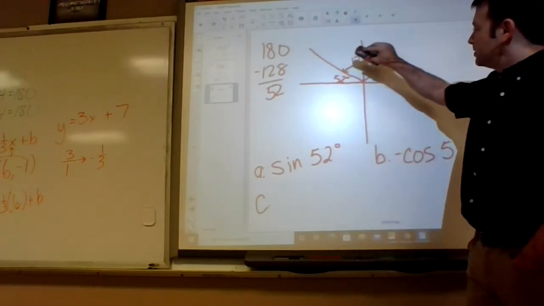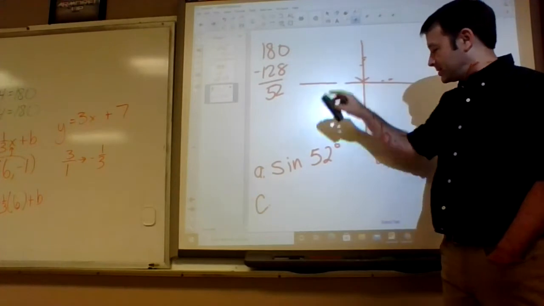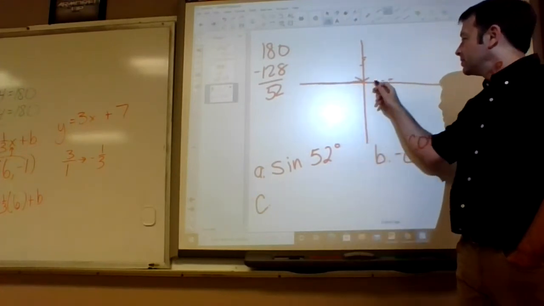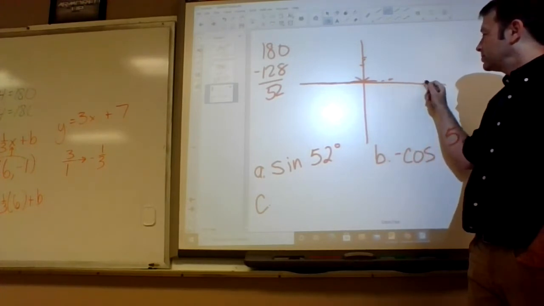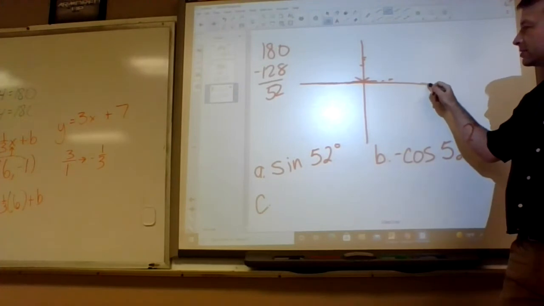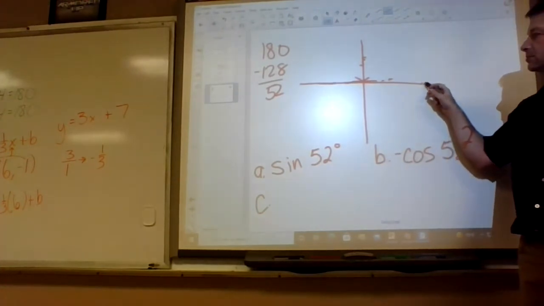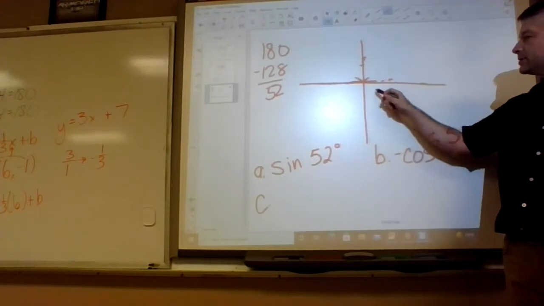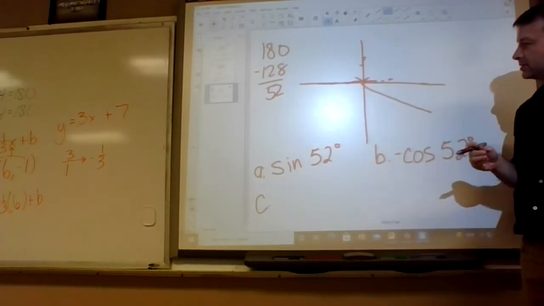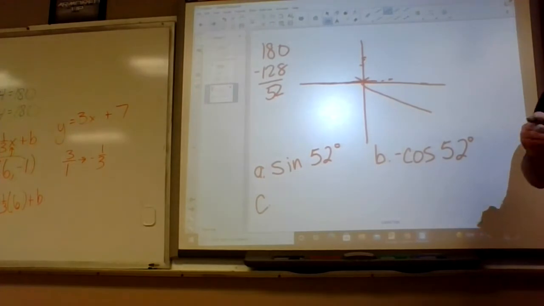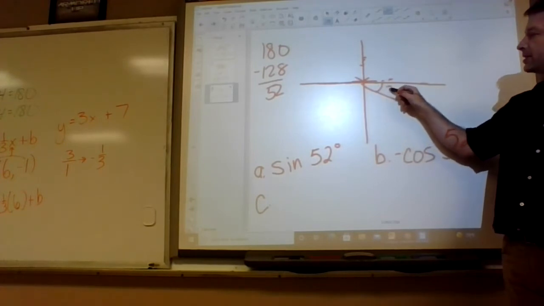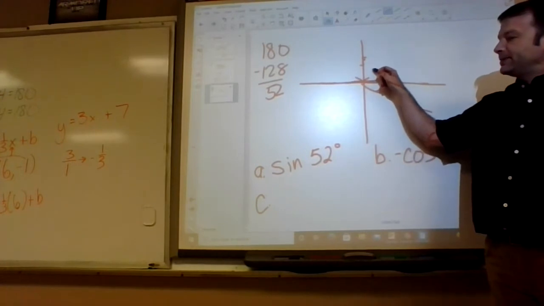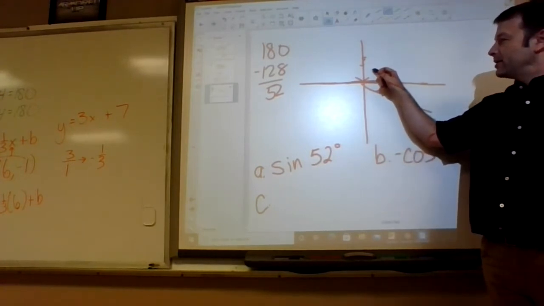So this one's kind of a trick question because it's a negative angle. It goes backwards. So 0 and 360 are both right here. So it's to the right, down here. So the reference angle is the other thing. What's this angle right here gonna be? 90 minus 37. So it'd be 37.